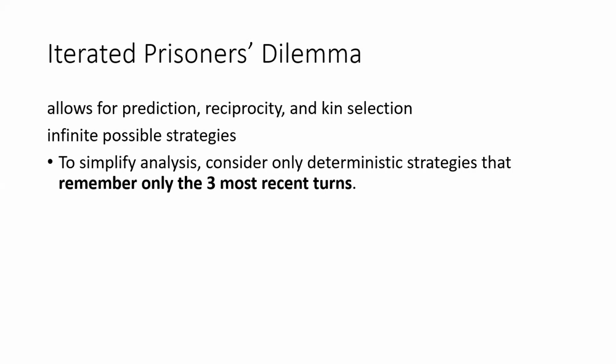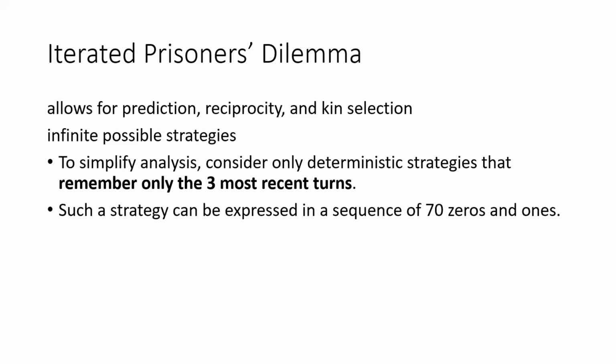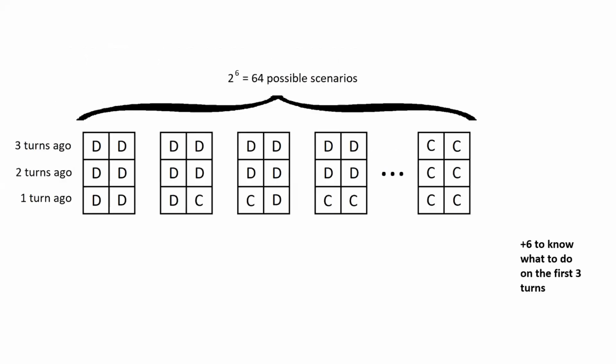If we do that, a strategy can be expressed in a sequence of 70 ones and zeros. To demonstrate this, think about, okay, what if both of us defect 3 turns ago, and both of us defect 2 turns ago, and then both of us defect on the last turn?